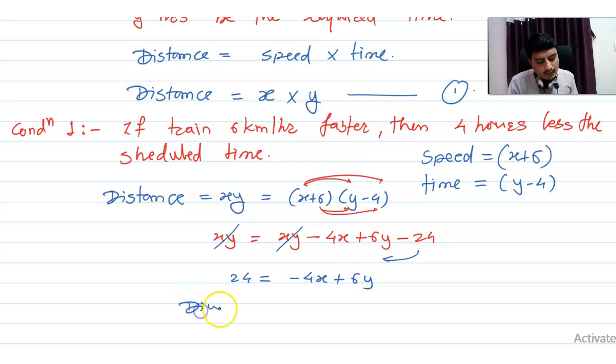Now we divide the equation throughout by minus 2, and simultaneously interchange RHS and LHS, so there is no need to change the sign of any term. So we get 2x minus 3y equals minus 12. Call it equation number 1.